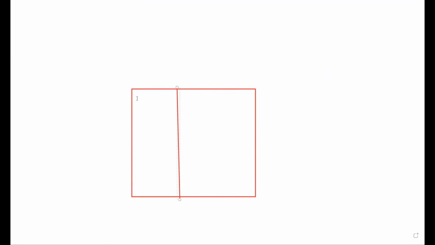If you see two sides are equal, you can take a screenshot later. Two sides equal, it's called isosceles. Sorry, isosceles.